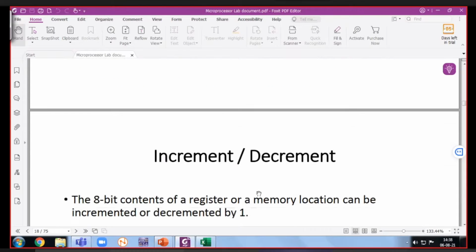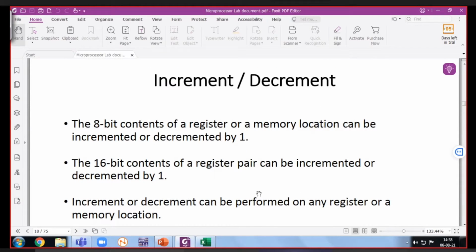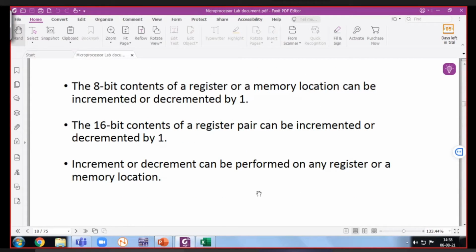Now comes increment or decrement. The 8-bit contents of a register or a memory location can be incremented or decremented by 1. The 16-bit contents of register pair can be incremented or decremented by 1.